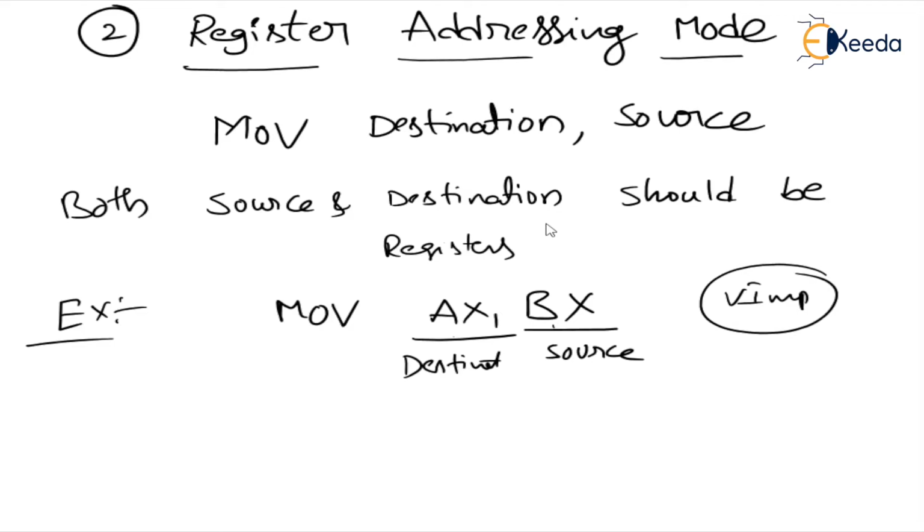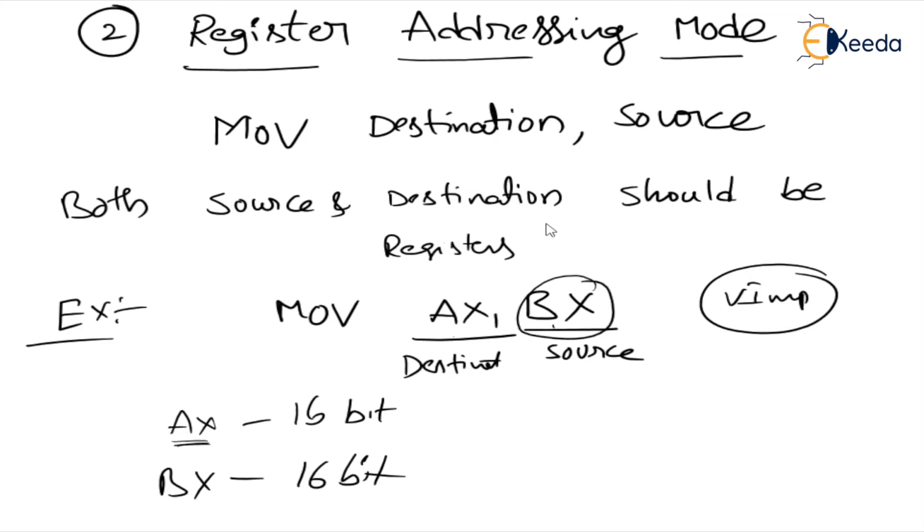Now tell me, what is the size of the ax register? Number of times I am telling, dear students, please pay attention. Ax is a 16-bit register. What is the size of bx? It is also 16-bit. So whatever data is in bx is moved to ax.